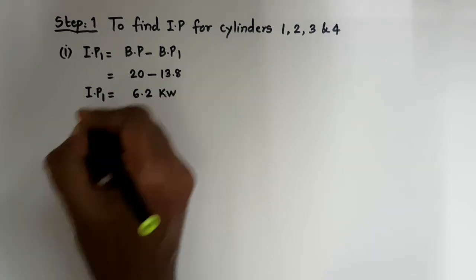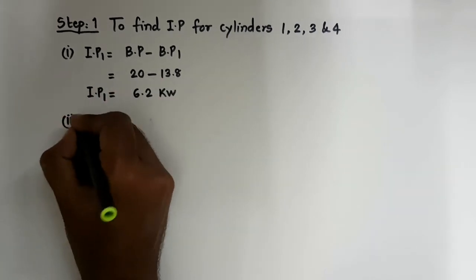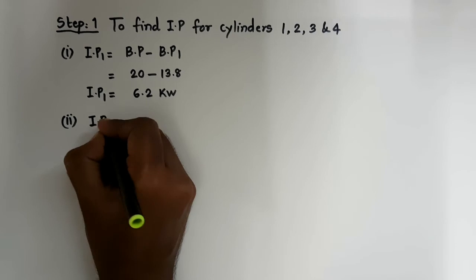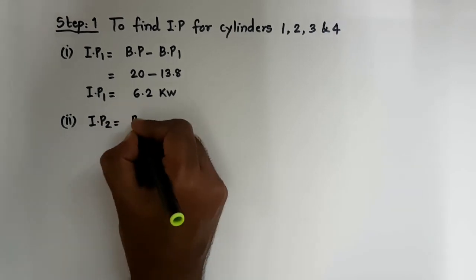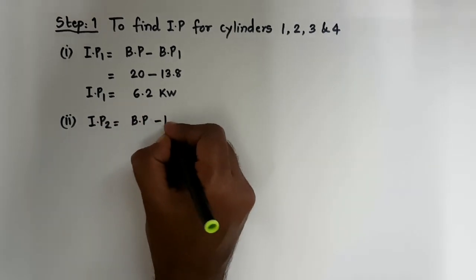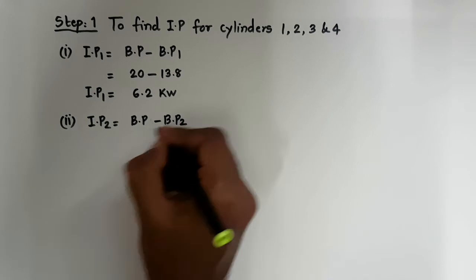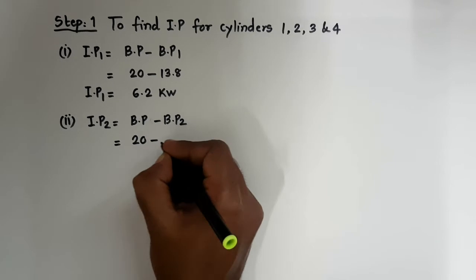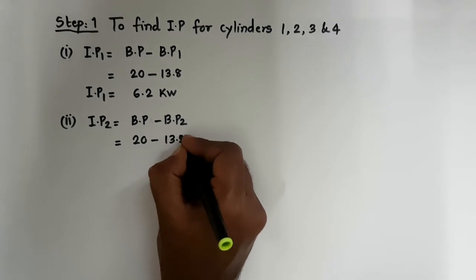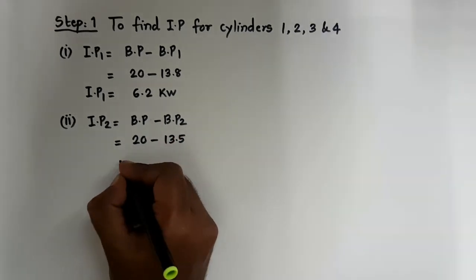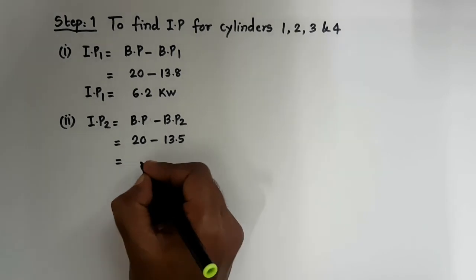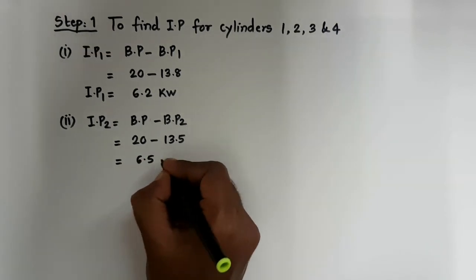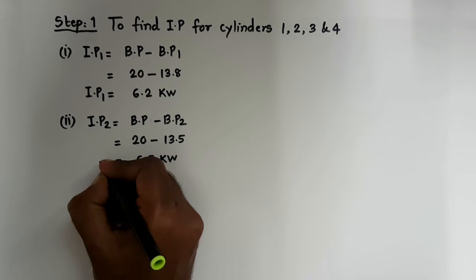Then second, IP2 is equal to BP minus BP of the second cylinder, that is equal to 20 minus 13.5. So it is equal to 6.5 kilowatt. This is the value of IP2.